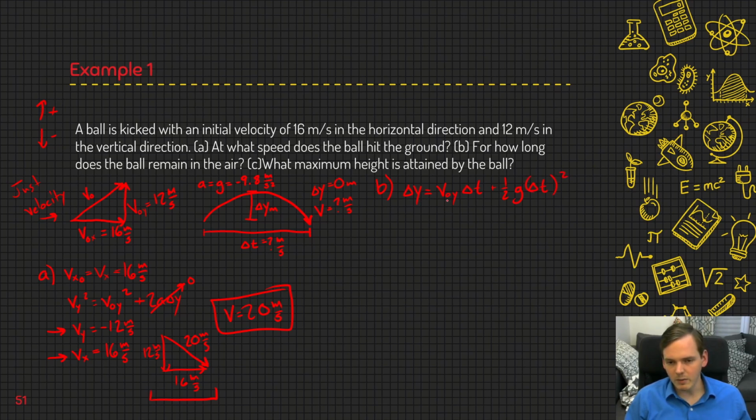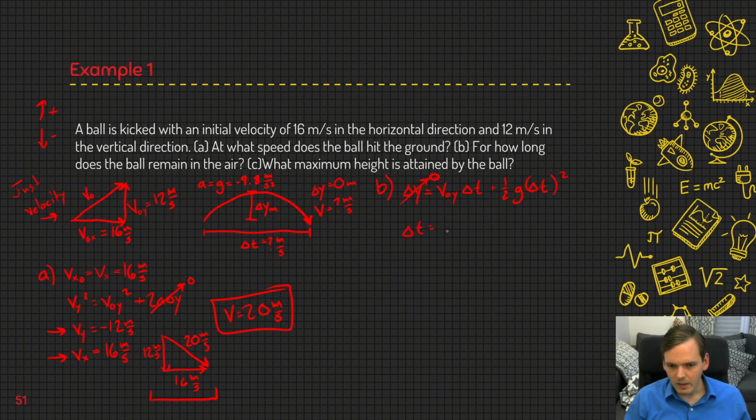So delta y equals v naught y delta t plus 1/2 g delta t squared. Delta y we know is 0, again because it's landing on the ground where it was kicked from. V naught y we'll figure out in a minute. So if we're going to solve this, we need to use our quadratic formula.